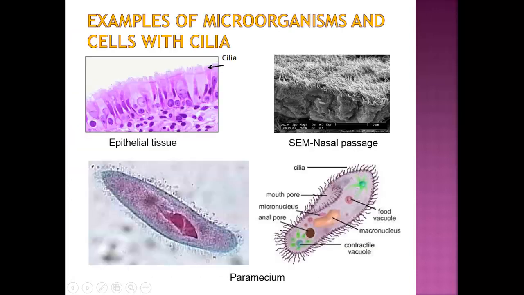Examples of microorganisms with cilia and of cells with cilia are epithelial tissue, which is shown in this top left image, a staining in which you can see clearly the cilia at the top layer of the cell. To the top right is an SEM image of the nasal passage showing cilia.